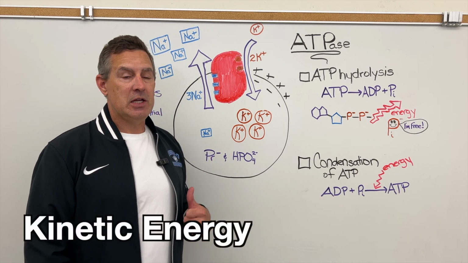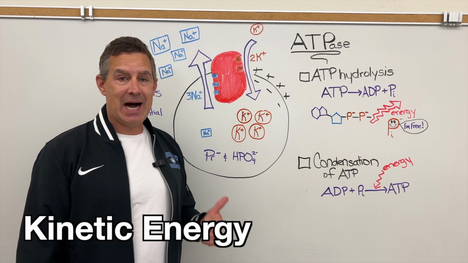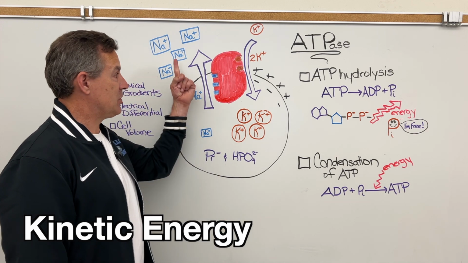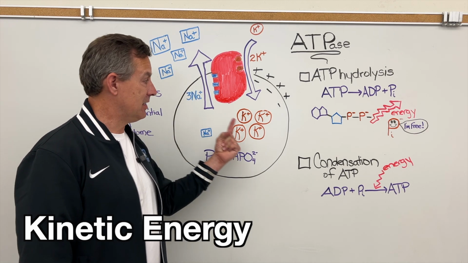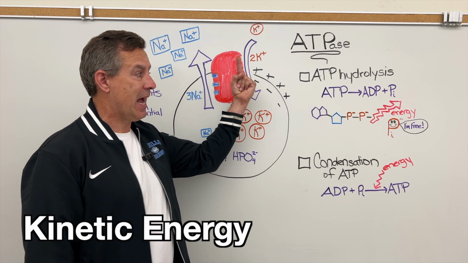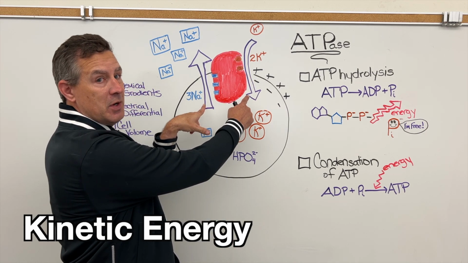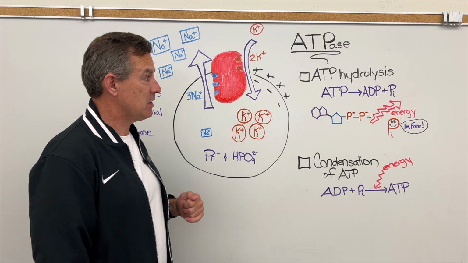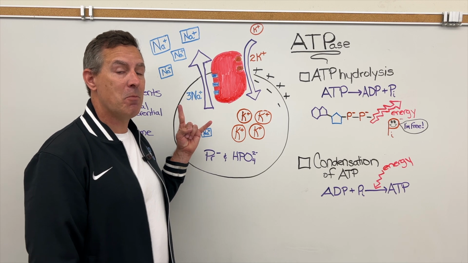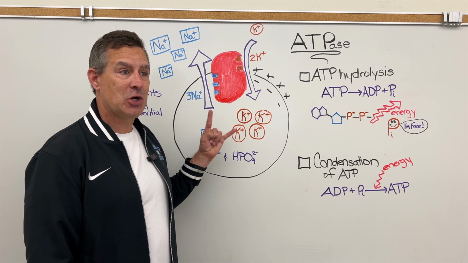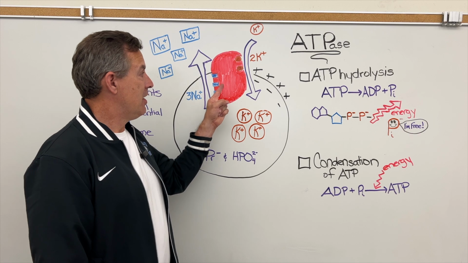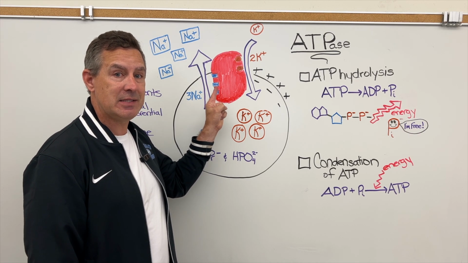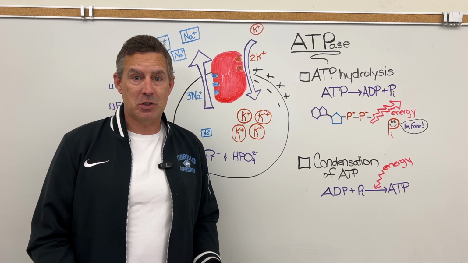Kinetic energy is produced when things, ions or molecules, are moving down their gradients. And as sodium's moving down its gradient into the cell and potassium moving down its gradient out of the cell, that is not these arrows, by the way. These arrows are the sodium-potassium pump working in the opposite direction. When sodium and potassium are moving down their gradients, they create the kinetic energy that is going to be utilized by the sodium-potassium ATPase to make more ATP molecules.